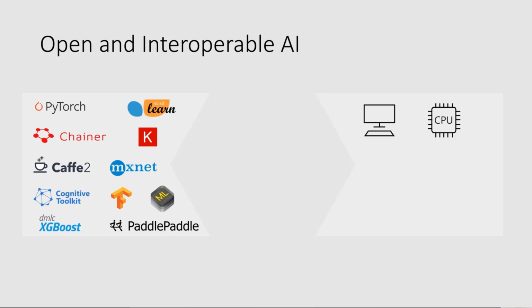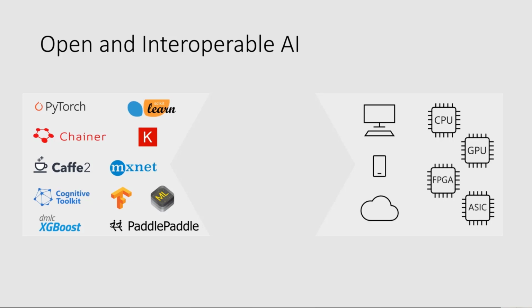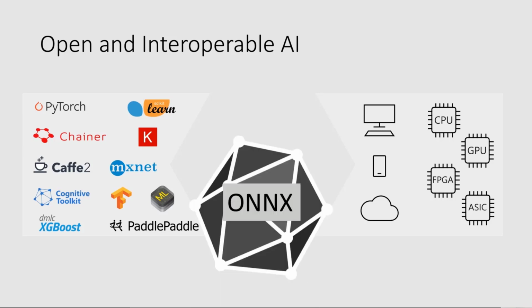And of course, there's different ways in how you would deploy these models and where you would run them. Sometimes on your computer, sometimes you want to run it on the cloud, sometimes you want to integrate AI models on the phone. Sometimes you want to run it on the CPU, the GPU, VPU, depending on what you're trying to do. There's a lot of ways how you would run and integrate that machine learning model.